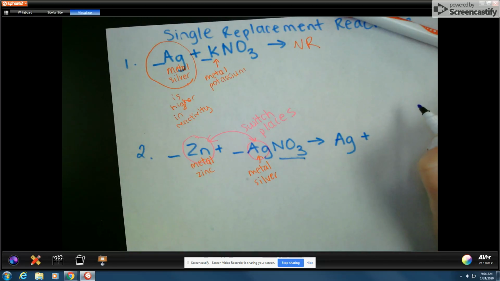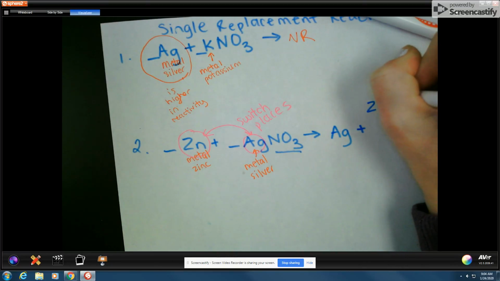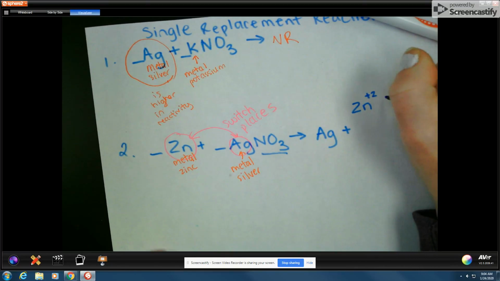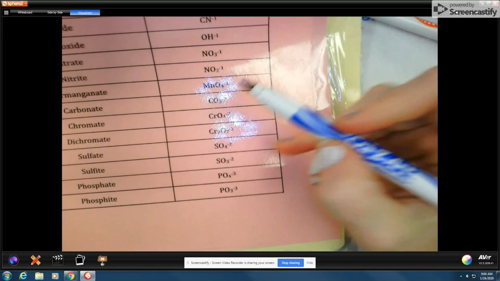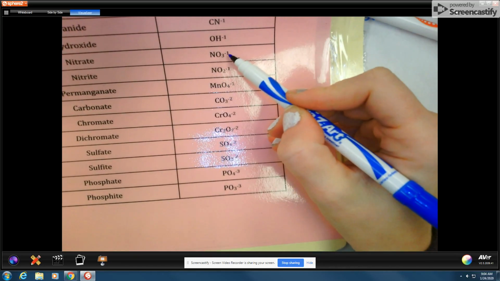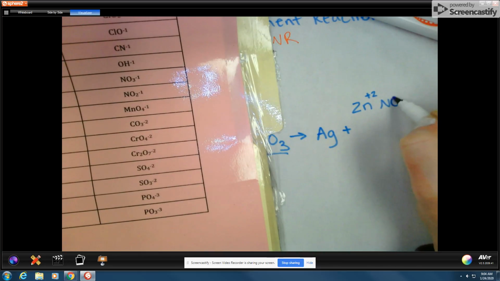Now, one thing that you don't have memorized, and that's okay, is that zinc, since it's a transition metal, does have multiple charges, or it could, but zinc is special. It only has a +2 charge. And if you look at the back of your periodic table, NO3 has a -1 charge. So we're going to put NO3 up here with a -1.